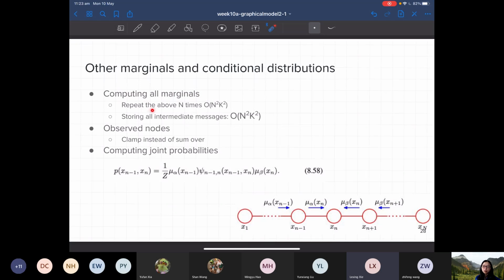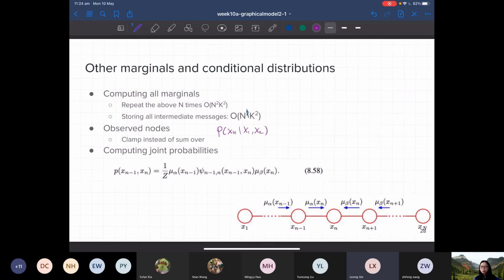The naive strategy would be repeating this computation n times. But if we store all intermediate messages, it's O of nk squared. And also, what do you say about observed nodes? That's where we started, saying the generic P of xn conditioned on x1 and x2.